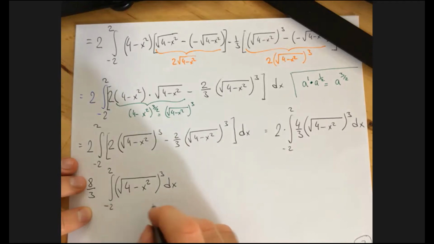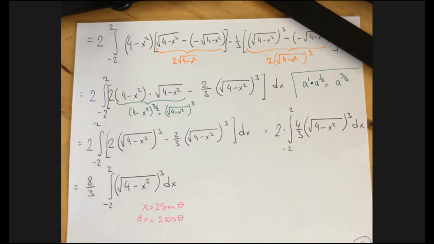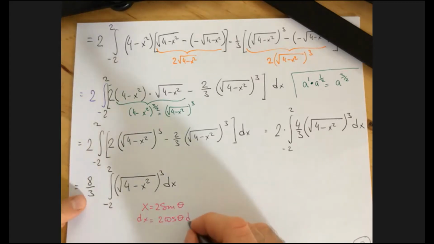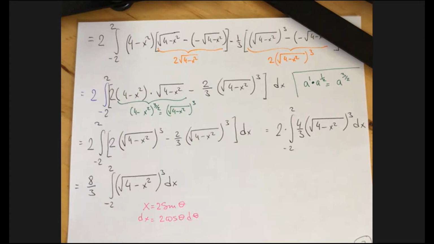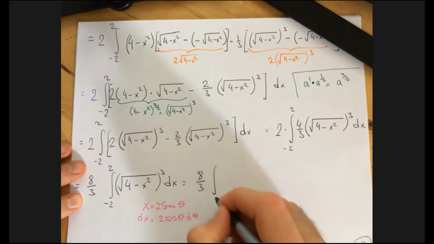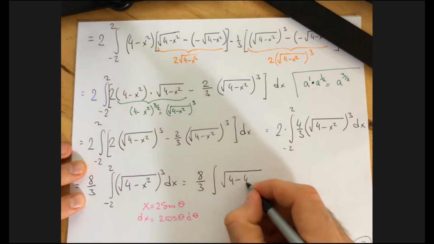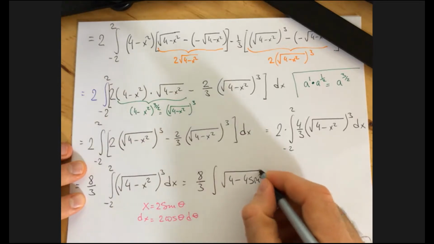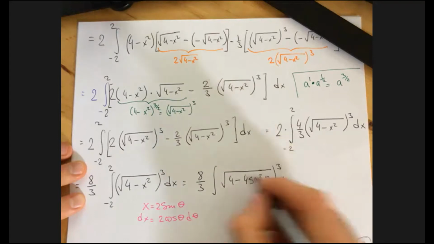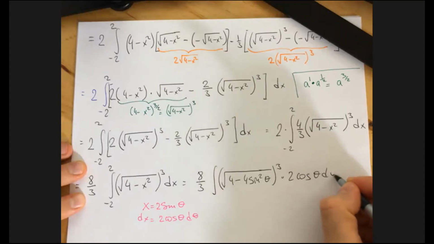So x is equal to 2 times sine theta, dx is equal to 2 times cosine theta d theta, right? So this becomes 8/3 times the integral of 4 minus 4 sine squared cubed times dx, which is 2 cosine theta d theta.